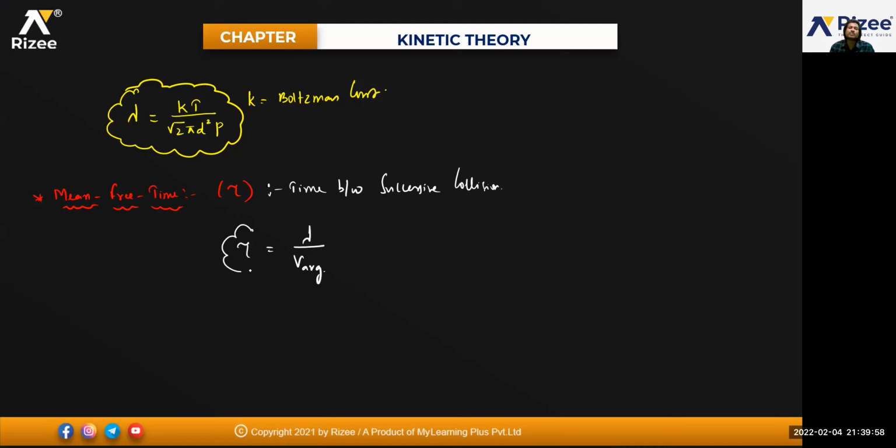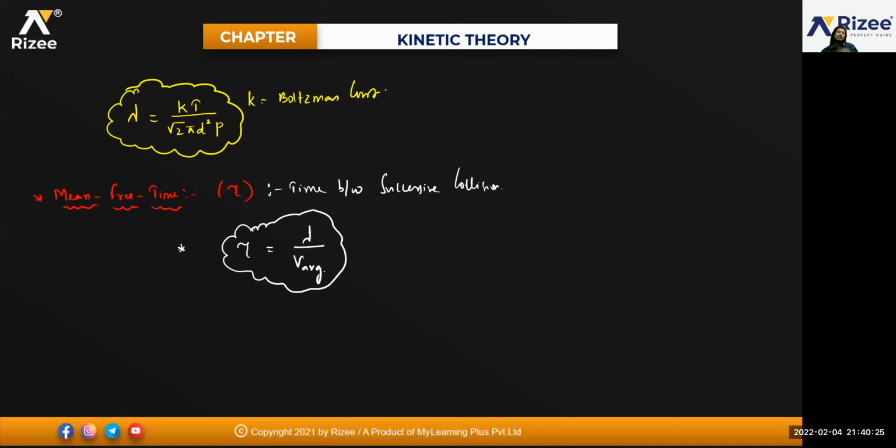This is one more important formula we need to remember. Clear? This will come back when we do the different types of speeds. At that time we have different cases, and when we discuss average velocity and mean velocity, we can derive these values once again. But right now, remember that mean free time is represented by tau. It is the time between successive collisions.